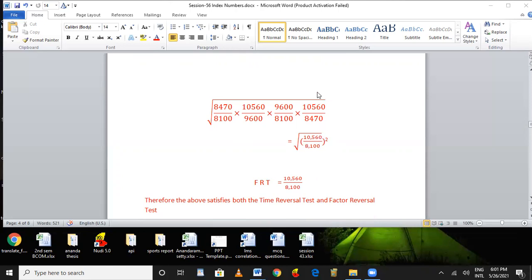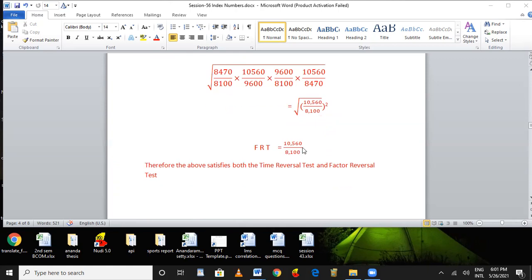Here 8,470 gets cancelled, and 9,600 gets cancelled. The remainder is 10,560 two times, 8,100 two times. It can be squared, and the square root and square get cancelled. The remainder is 10,560 over 8,100.